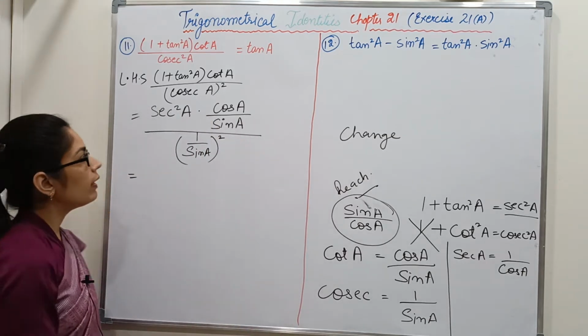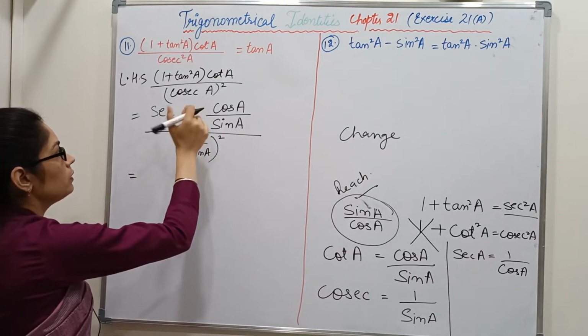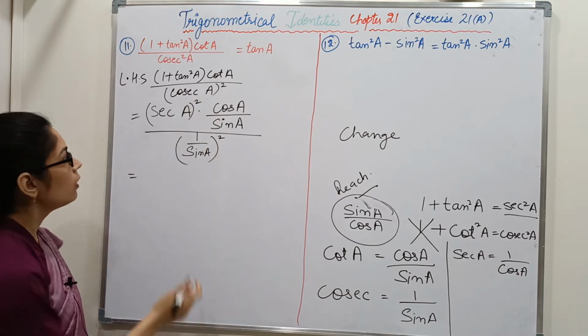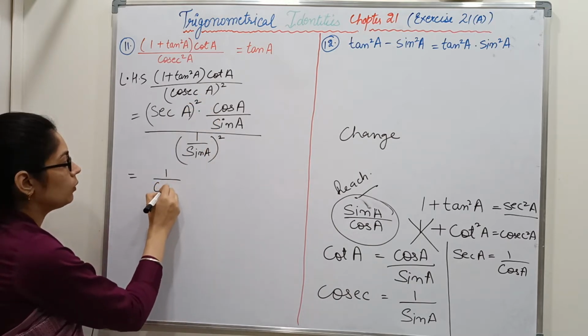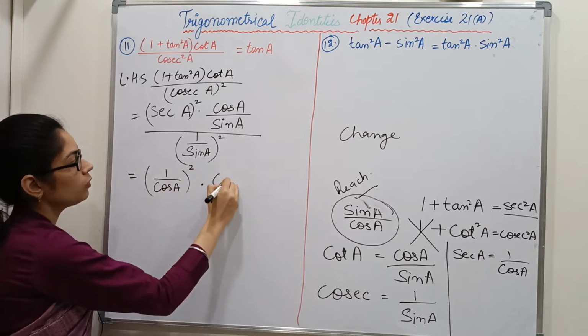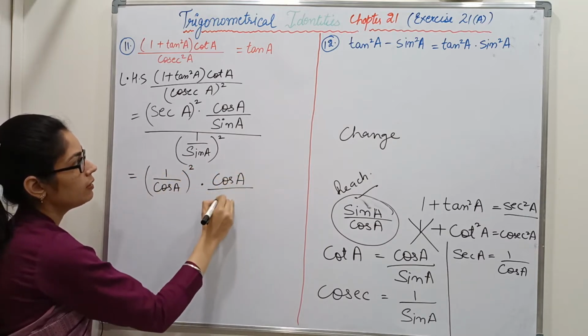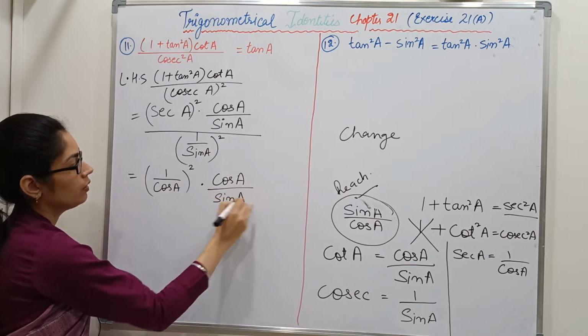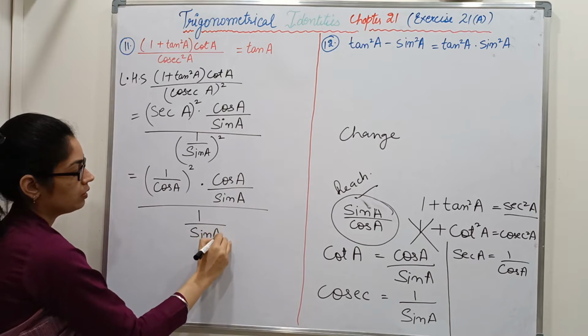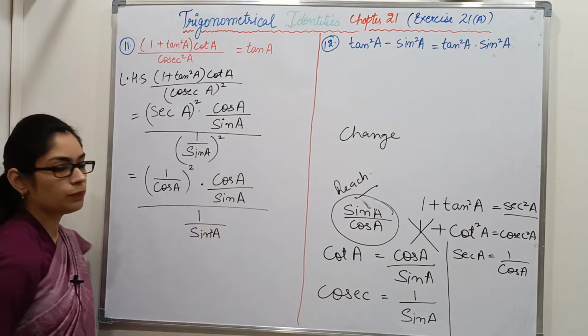So secant I can write as 1 by cos, and this square means whole square. Just to simplify, let's write it this way. So it is 1 by cos whole square into cos A by sin A, and this 1 by sin A, whole square.